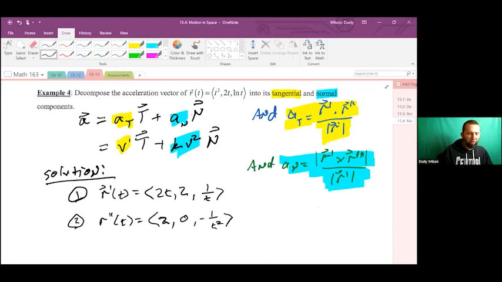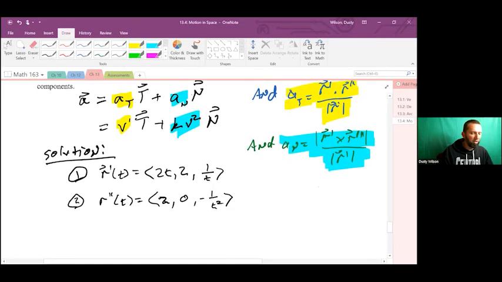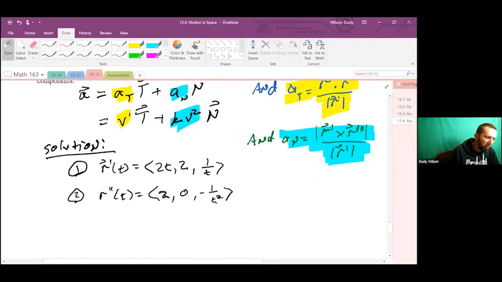I'm going to actually start by finding my cross product, just because of the way things are written. So step 3, I'm going to find r prime cross r double prime. And I'm finding this because it will help me find that blue formula. So the first component is going to be negative 2 over t squared, and then comma, minus sign is built into the formula.